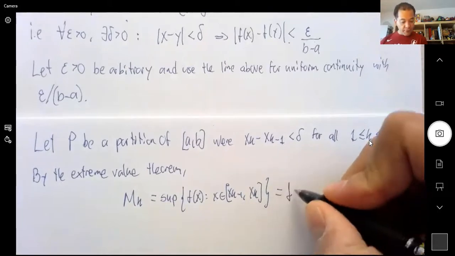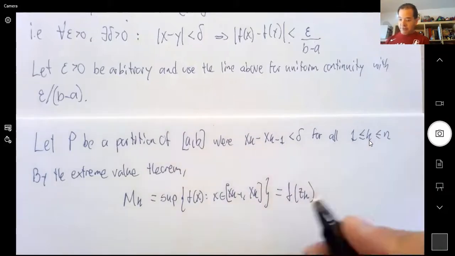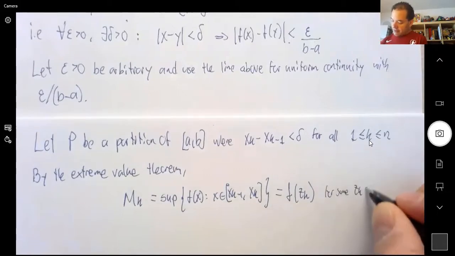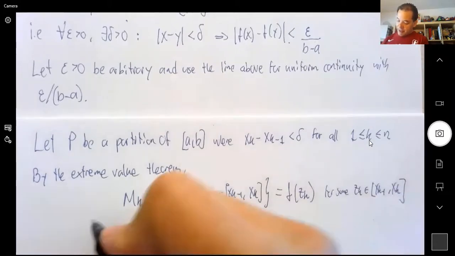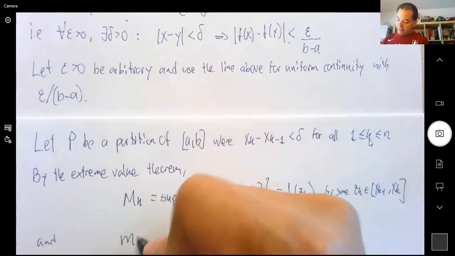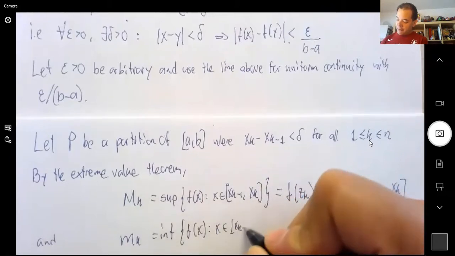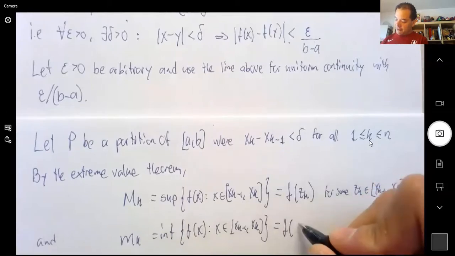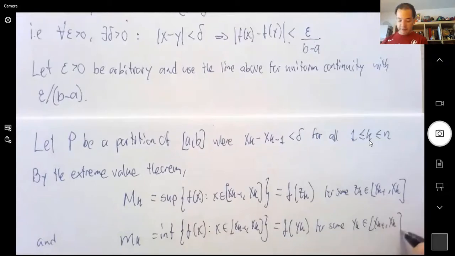So this is f of some number, which I'll call z_k, in the interval [x_{k-1}, x_k]. And the same thing for little m: the infimum happens to be a minimum because it's f of some value, in this case I'm going to call it y_k, in [x_{k-1}, x_k].